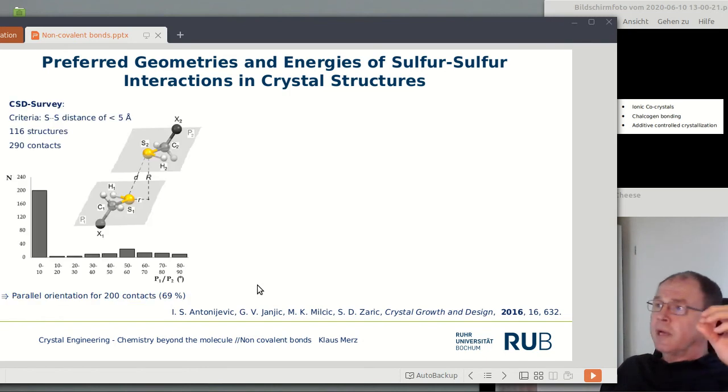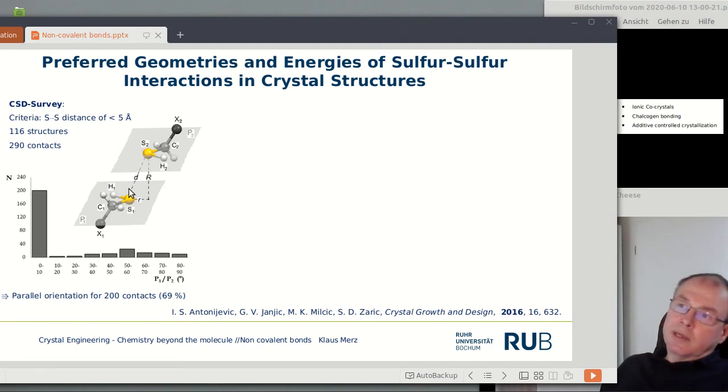And there's a very nice contribution where I looked at the arrangement of such sulfur-sulfur interactions. And the question was, is it something like this here? Is it a parallel orientation, or do we have, I don't know, orthogonal orientation, and so on.